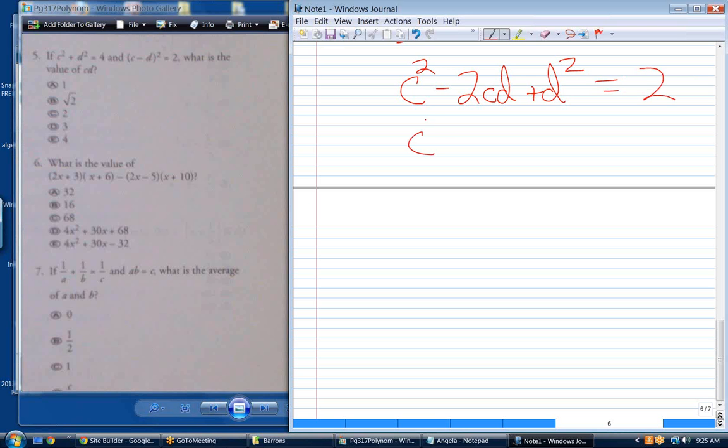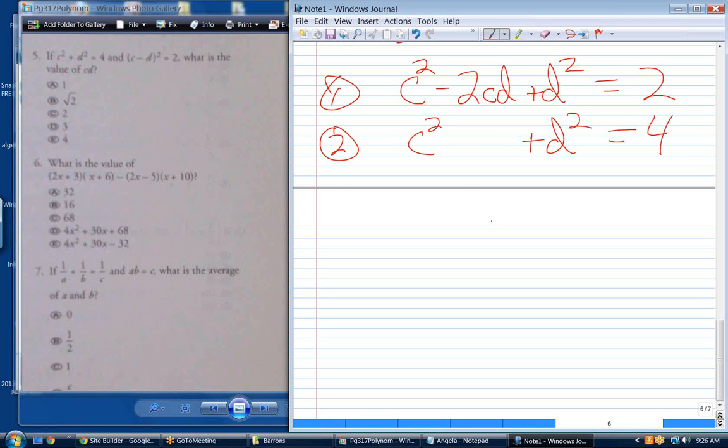And then we have c squared plus d squared is equal to 4. So we can come up with a value of cd very simply here by subtracting them. Now, I didn't really write them in the best possible order. I should have written them in the order they were given to us, with this being number 1 and this being number 2, and it makes it easier to see that we should subtract 2 minus 1.